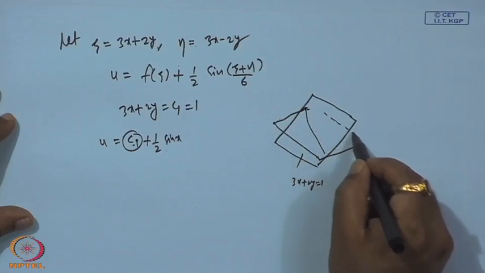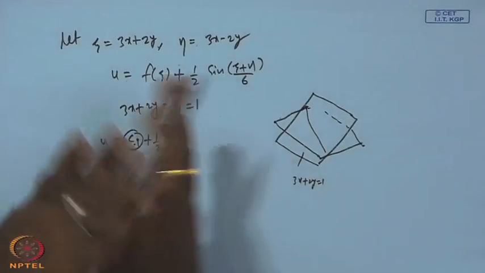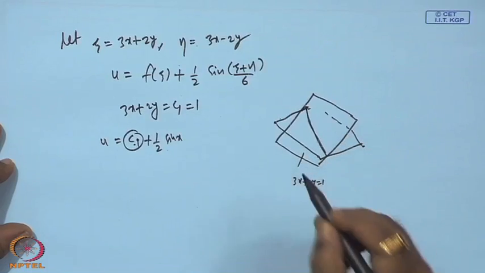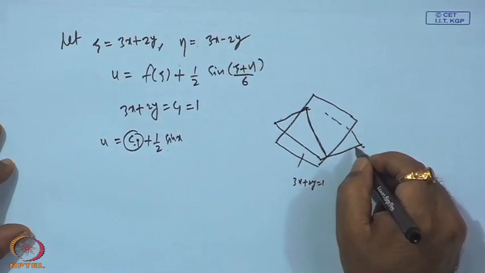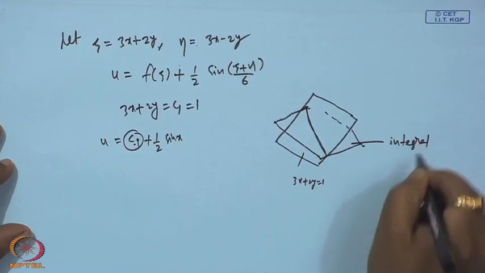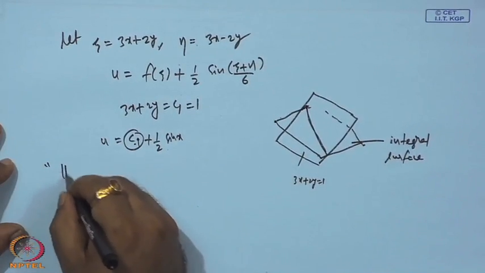So this is an intersection, this is the background. So you have two planes intersecting, okay. So this is a curve where it is getting intersected, and this is the integral surface. What is that?